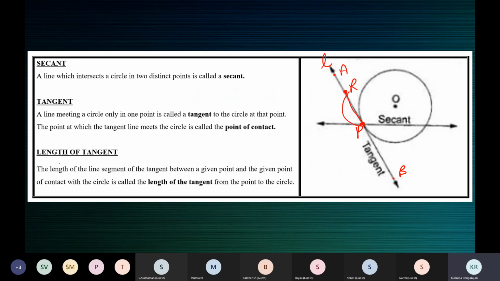The length of the line segment of the tangent between a given point and the given point of contact with the circle is called the length of the tangent from the point to the circle. You don't have to remember this definition, just understand the essence of it.